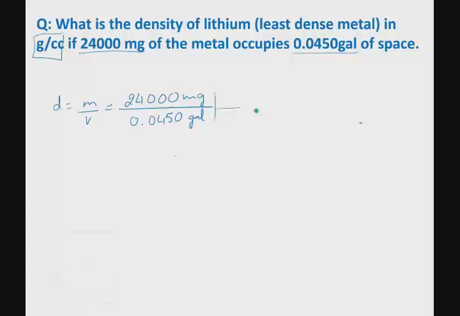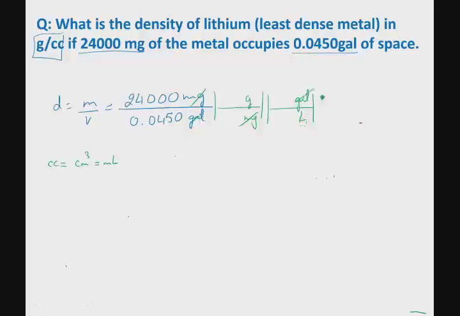We need to convert milligrams to grams, but we also need to convert gallons, and note the position of the gallons, to cc. Please remember, cc is cubic centimeter or centimeter cube, which is equal to mLs. So gallons needs to be converted to cc or centimeter cube through liters.